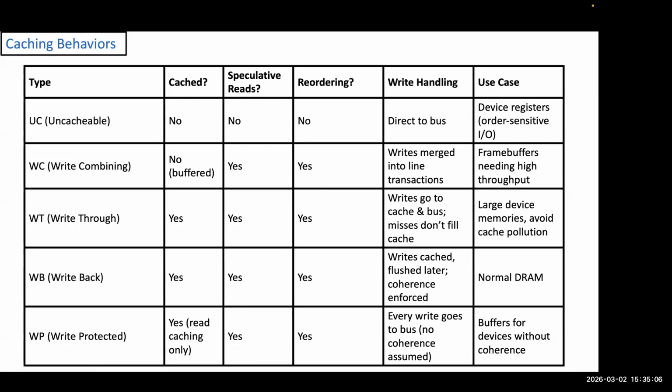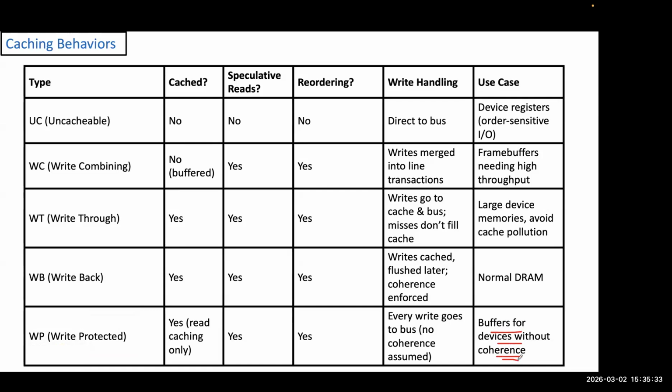Why? Because the data covered by write protecting cache behavior is not backed by the cache coherence. So this is for the buffers for devices without coherence, which are not covered by the coherence protocol.